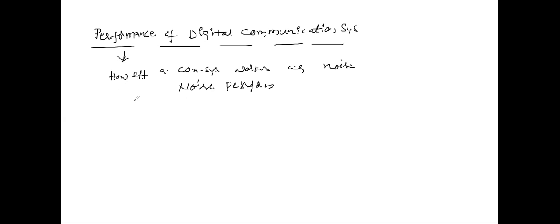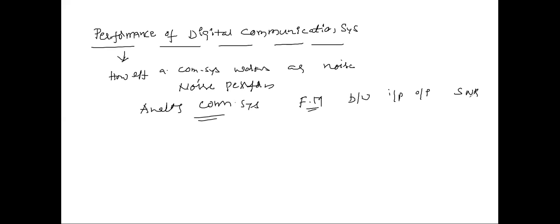How to measure the performance? That varies from one type of communication system to another, whether it is an analog communication system or a digital communication system. In case of an analog communication system, the noise performance is measured in terms of a figure of merit between input and output SNRs.